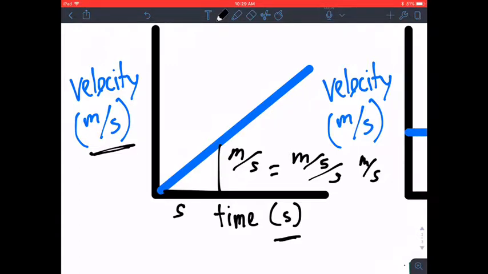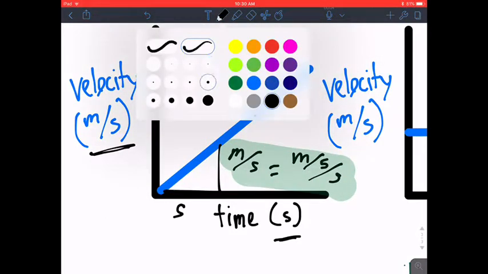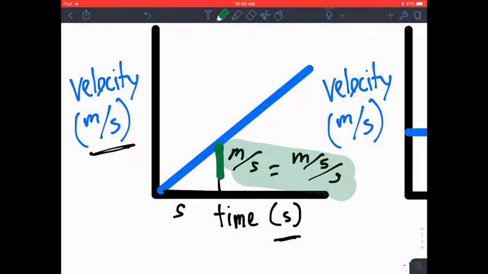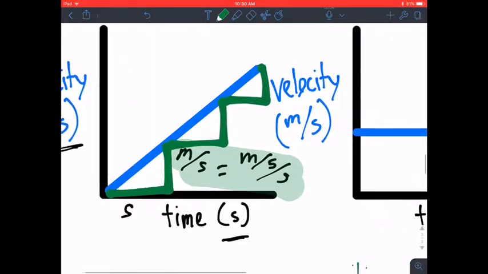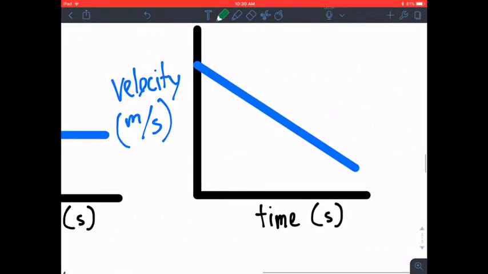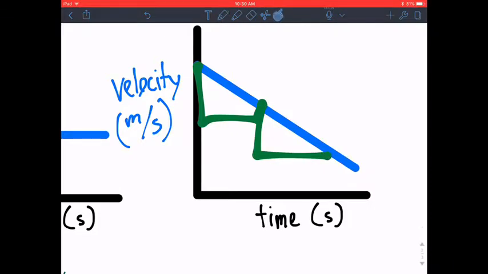That unit is the unit of acceleration. And so the slope of a velocity graph is not velocity. That wouldn't make any sense. The slope of a velocity graph is the acceleration of the graph.